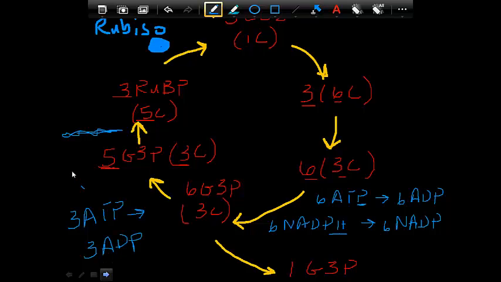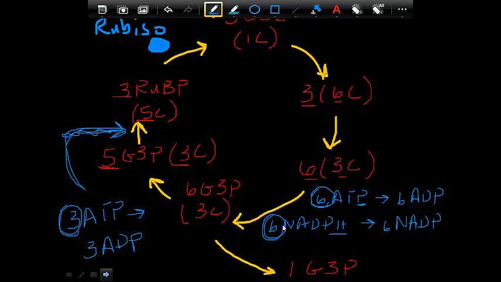Okay, again, so this actually happens right here when we're converting our G3Ps into RUBP. We need ATP again. So in total, we need 6 plus 3, or 9 ATPs, and 6 NADPHs to make the Calvin cycle work.